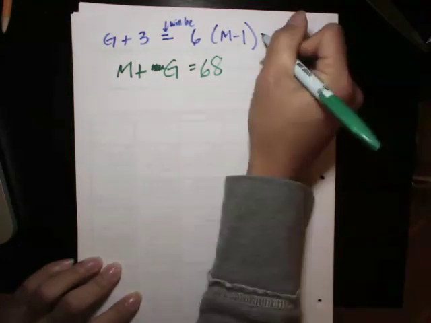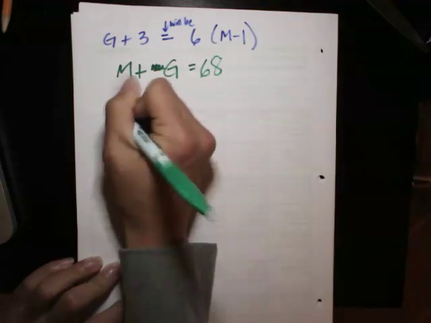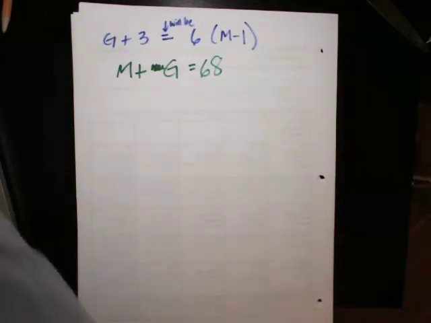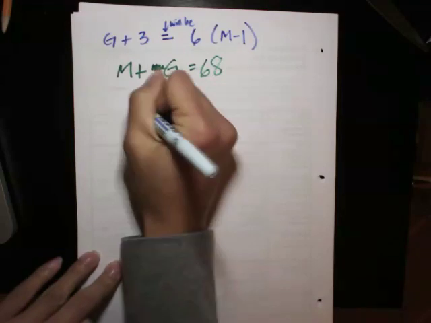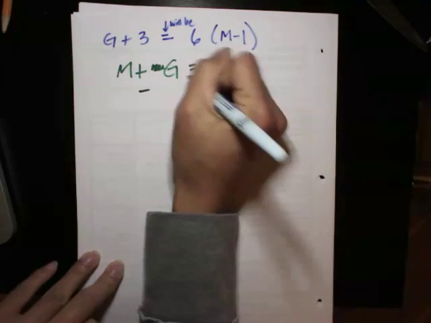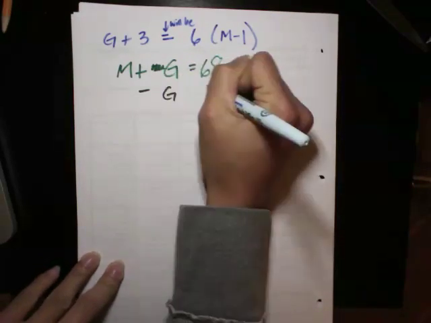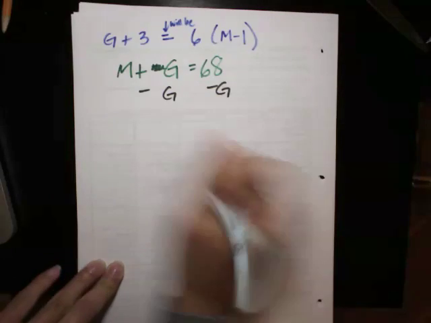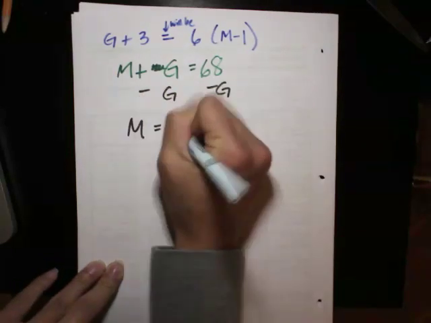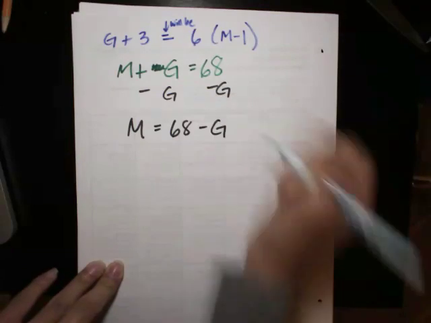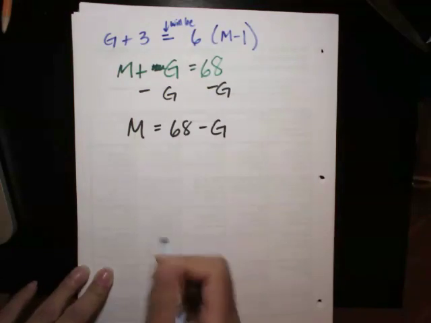Okay, but first let's simplify that first equation. And my green doesn't work so well. I'm going to switch over. I'm going to solve for Miguel's age, so I'm going to subtract grandfather's age. M will be equal to 68 minus G. Okay, so here's our first equation.